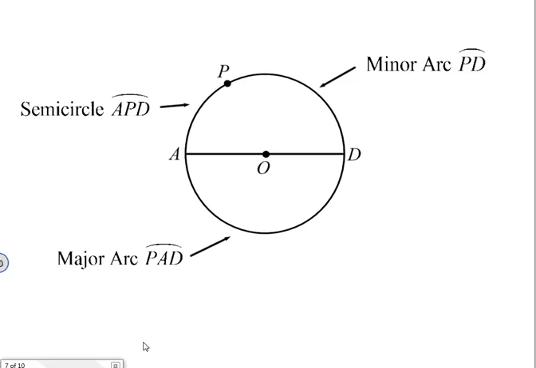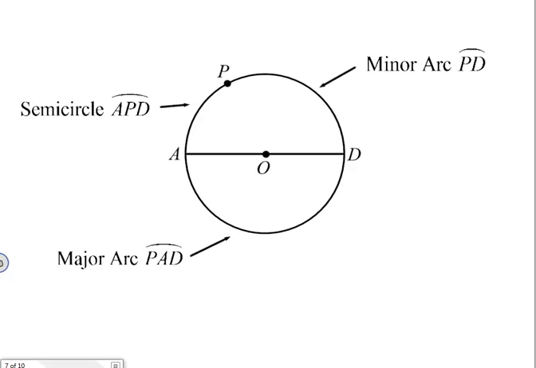So on this circle, we have several different things. First, we would call this circle, circle O. We always name a circle by the name of its center. Looking more closely, we see we have diameter AD. Right, that's a chord that passes through the center of the circle. We have semicircle APD.